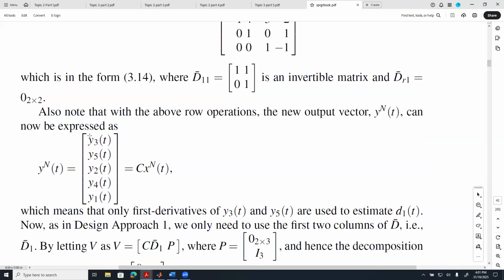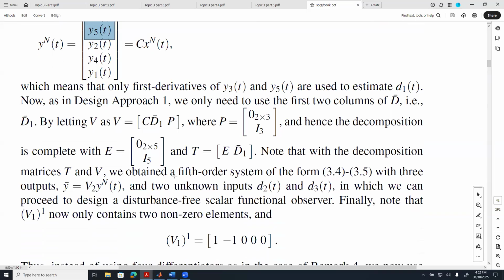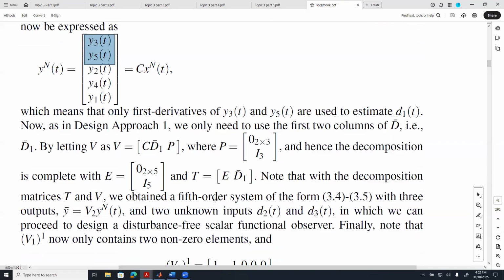And in order to be able to express the unknown input, d1 of t in its entirety, which will consist of the differentiation of these two, the first derivative of these two output measurements. Okay. And so that's basically the way that we can achieve the minimum number of output differentiators.